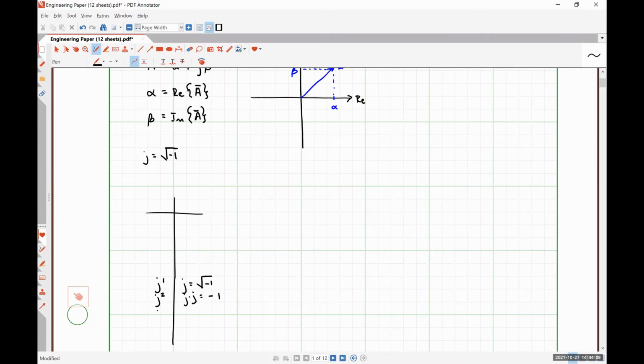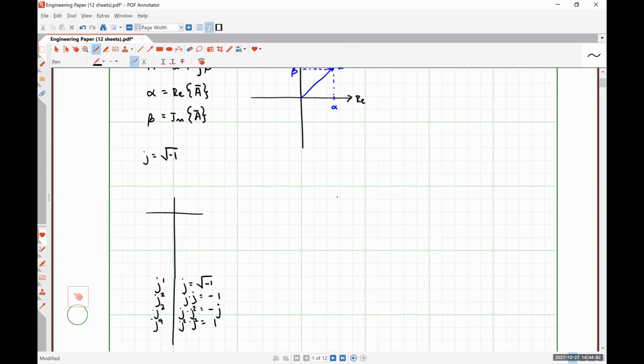J to the third power is J multiplied by J squared, or -J. J to the fourth power is J squared times J squared, or +1. Does all of that make sense? Let's start there, based purely on that original definition that J is the square root of -1.